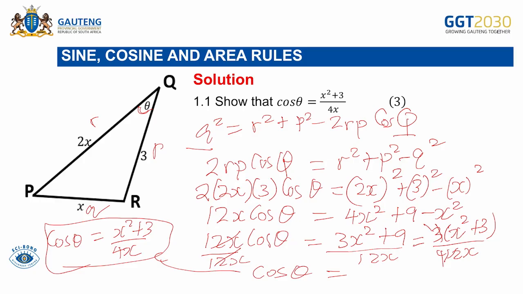In this case, the examiner wanted me to find the angle at Q. But unfortunately, I can't get the numerical value for angle theta because of x. Hence, my final answer for now is just cos theta equals x squared plus 3 over 4x. If I'm given x, then I'll be able to get the angle. I could have found r, I could have found p, but the examiner wanted the one named theta.